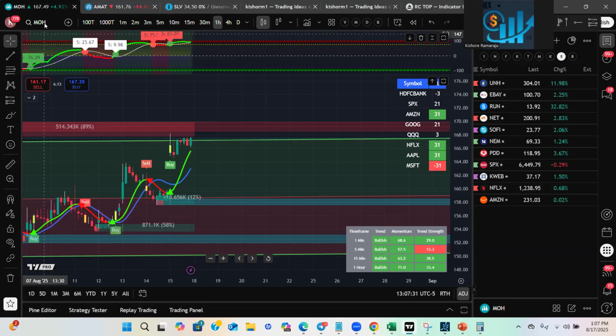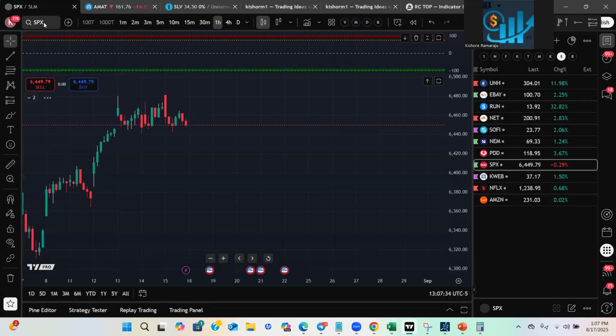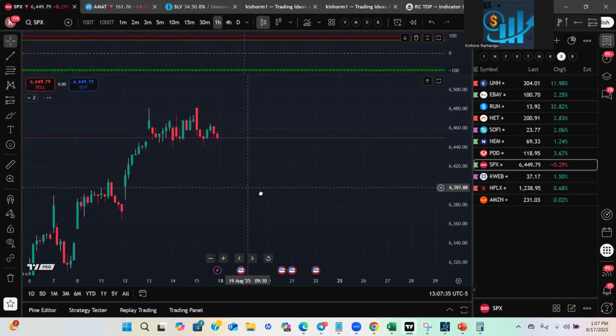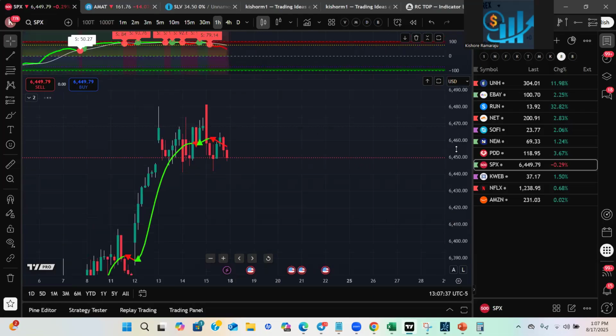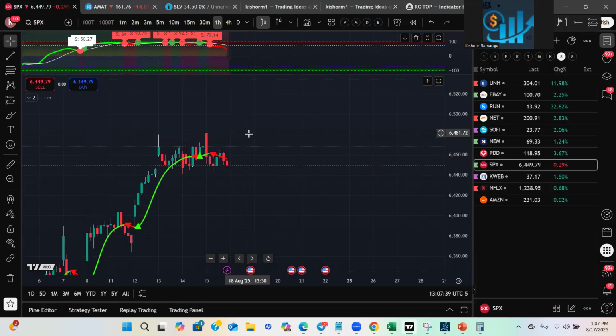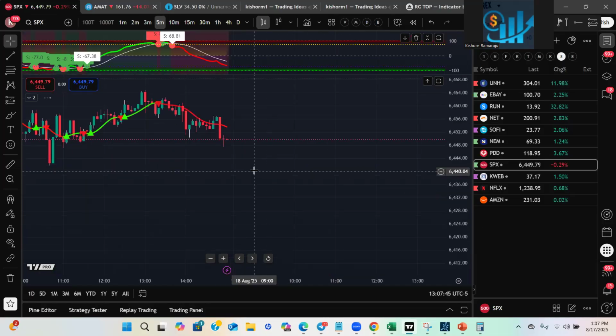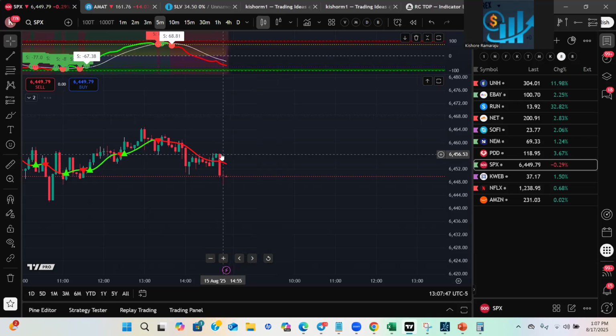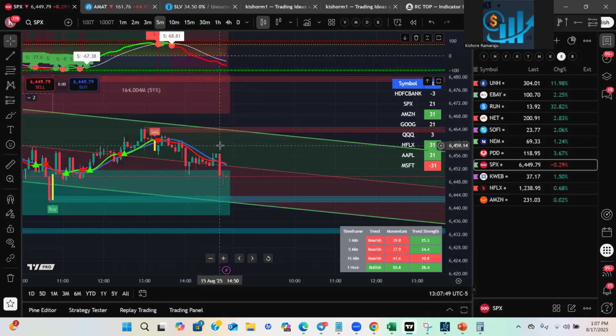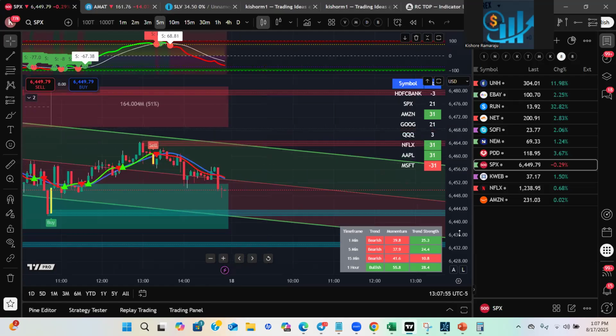For example, let's take SPX. Let us say we are doing a bear call spread tomorrow morning, 64.50, 64.55, and let us say we are collecting $200. What is the risk per contract?